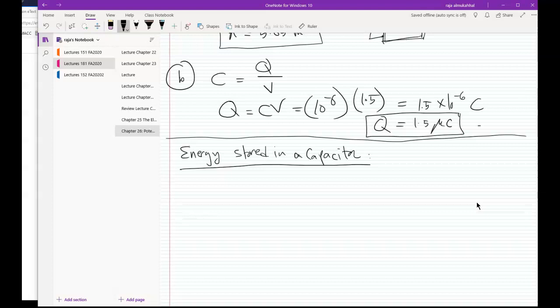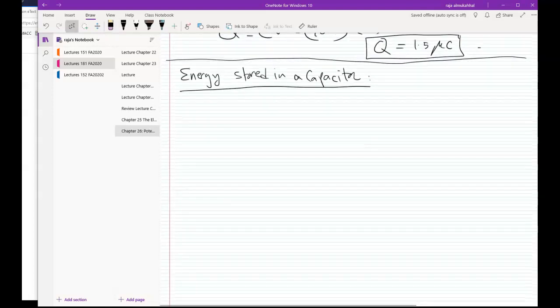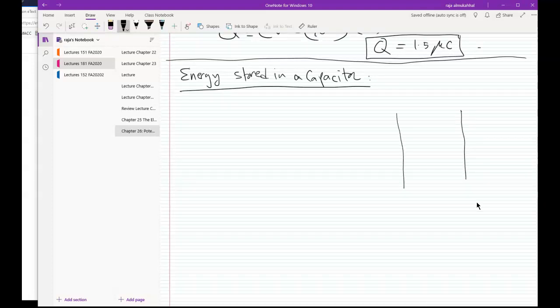One way to do it, I'm just going to give you a brief derivation. Imagine I have a capacitor like this. Say this is the positive plate, this is negative. Let's say I'm in the process of charging it, and I have one element of charge here, let's call it dq, and I want to transfer this dq from the negative plate to the positive plate.